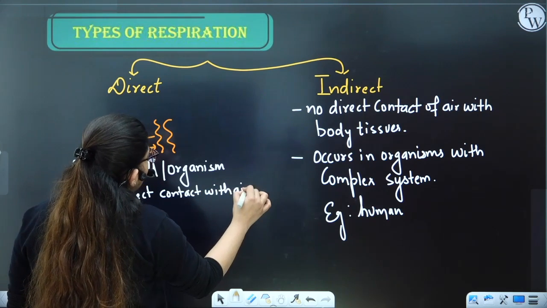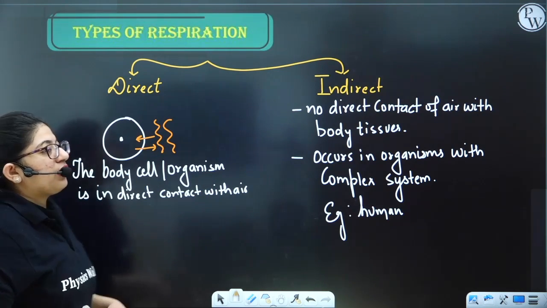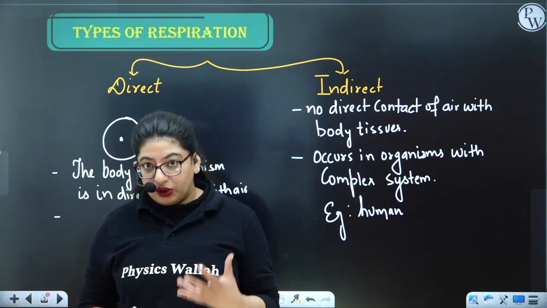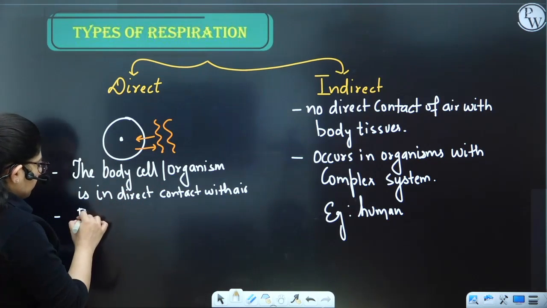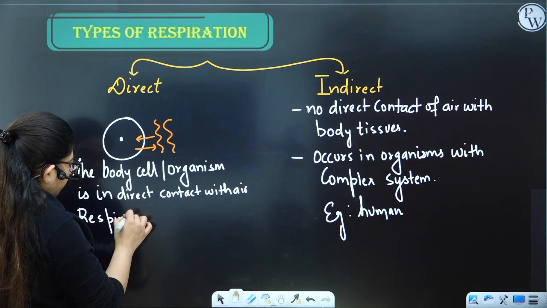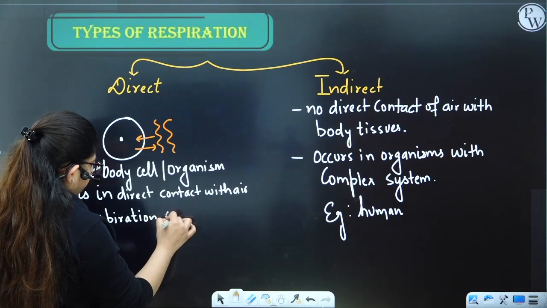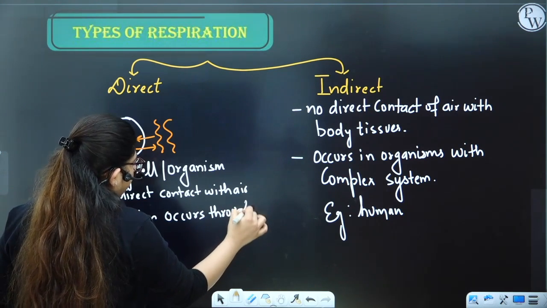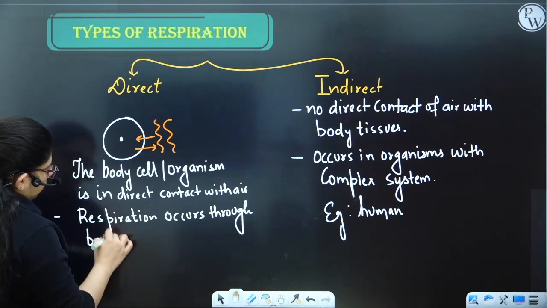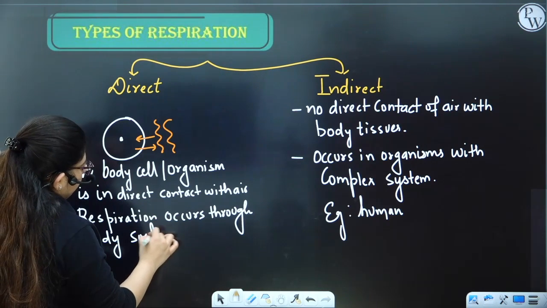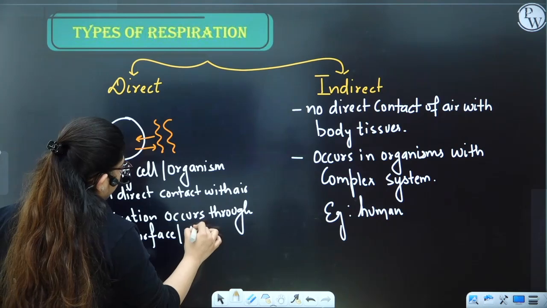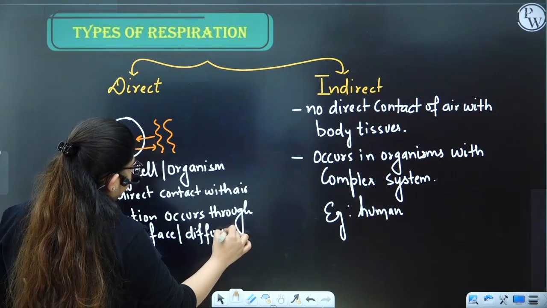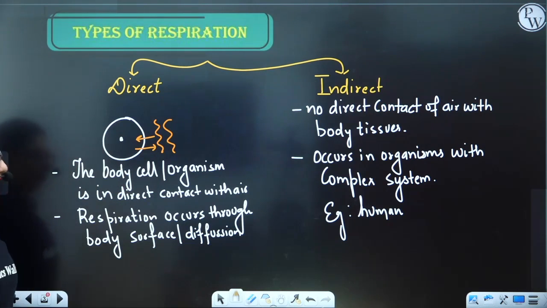So this includes all those organisms which show respiration through diffusion. So here respiration occurs through body surface or diffusion, right?